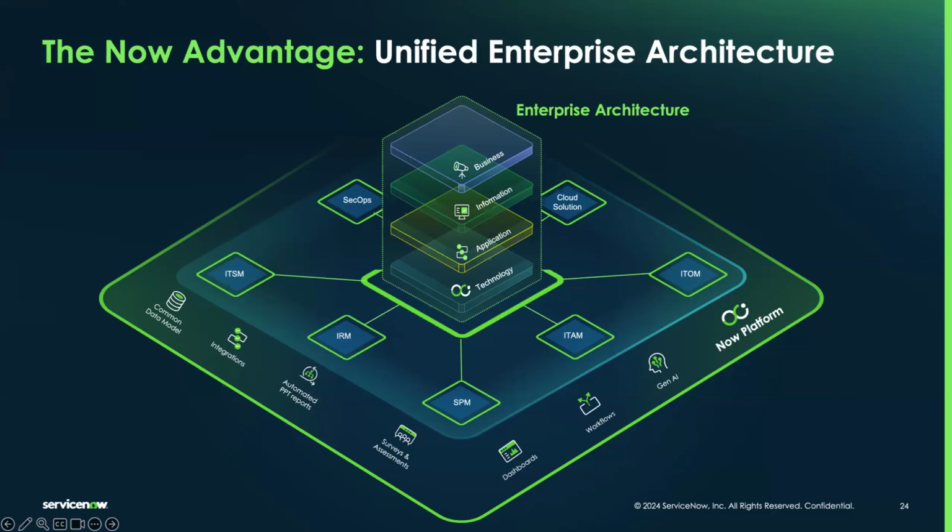And through these layers, ServiceNow's enterprise architecture provides a full suite of tools and capabilities for enterprise architects to analyze their technology landscape and make sure of the strategic business alignment.